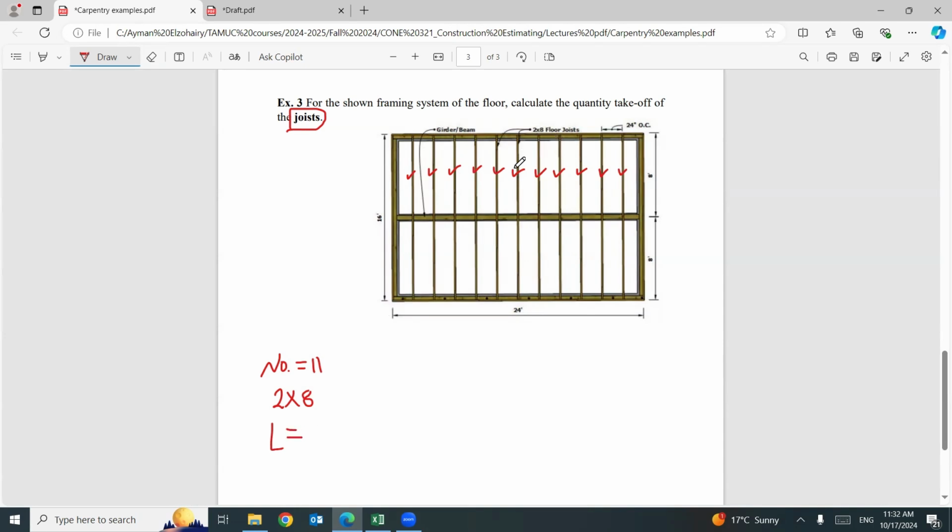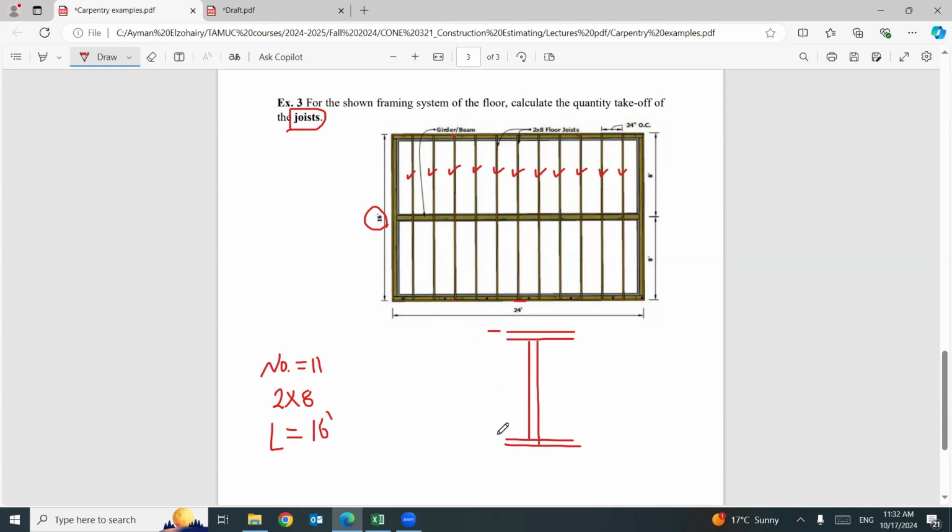And what is the length of each piece? The length of each piece can be found from the layout. The total length here is 16 feet. So maybe we can consider the total length of your joist. It's not exactly 16 feet, but we can assume it's 16 feet. Do you know why? Because we have here a beam at this side and another one on the other side, and the joist is in between.